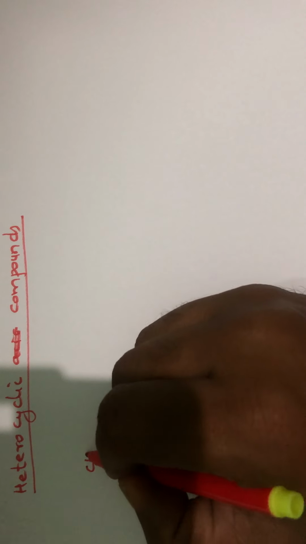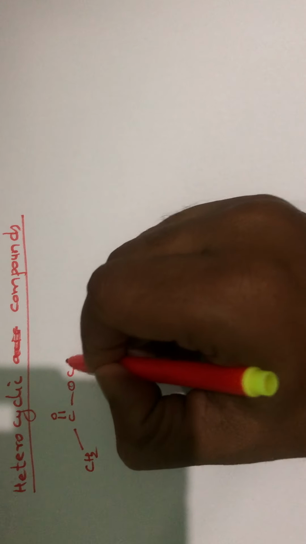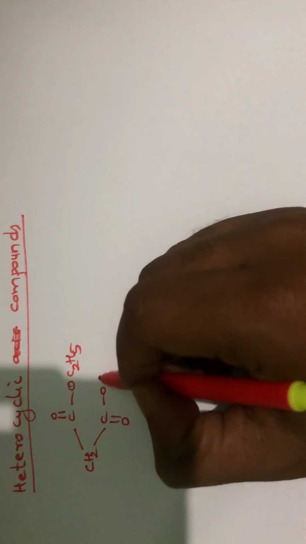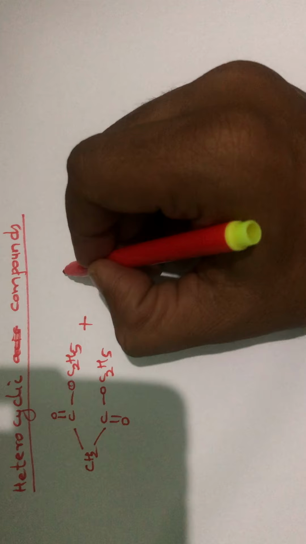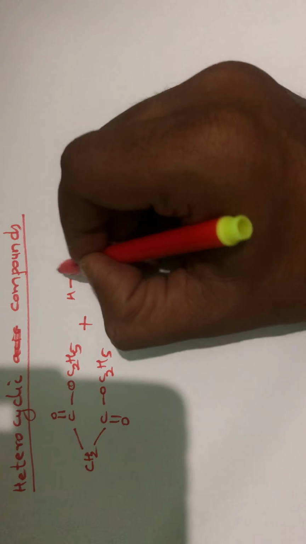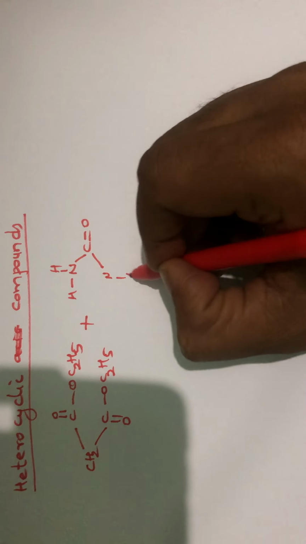Malonic ester on condensation with urea gives barbituric acid. Hope you know what urea is. Let me first write the malonic acid ester, CH2(COOC2H5)2, plus urea, that is NH2CONH2.